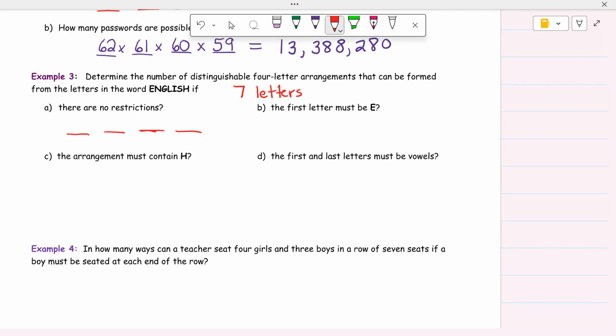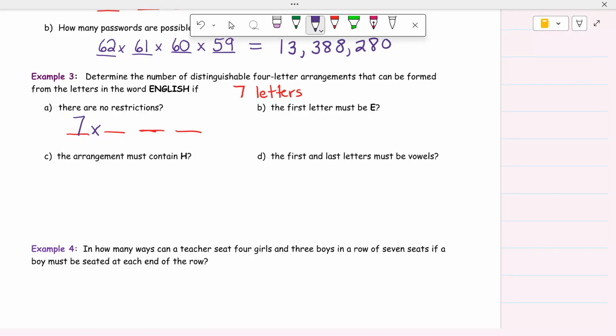So I can just start on my far left. Do you guys agree that I can put a tile there? So if I start on my far left, because I don't have any other restrictions, how many Scrabble tiles can I put there? Choices. Right. If I start on my far left, I have 7 choices of tiles.